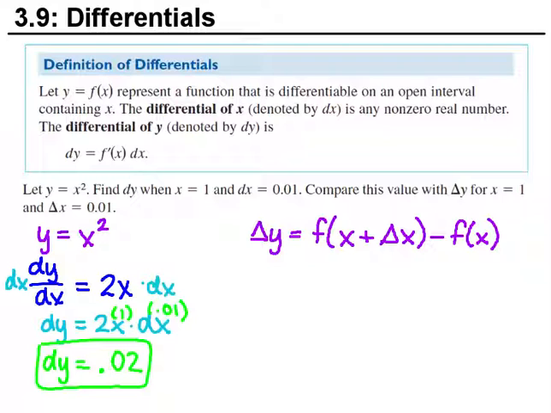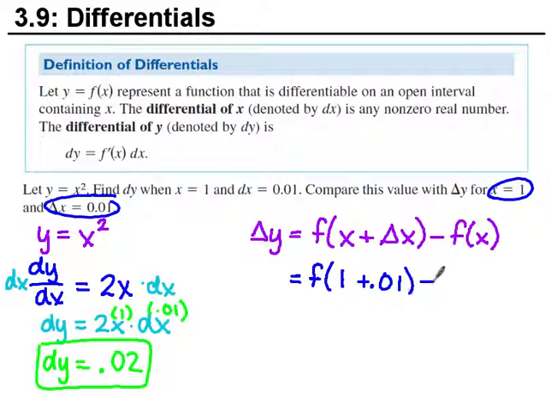So let's plug in what we know. In this case they want x to equal 1, so I've got 1. I know that delta x equals 0.01, so 0.01 minus f of 1. I'm going to go ahead and add the parentheses together. And so basically I get f of 1.01 minus f of 1.